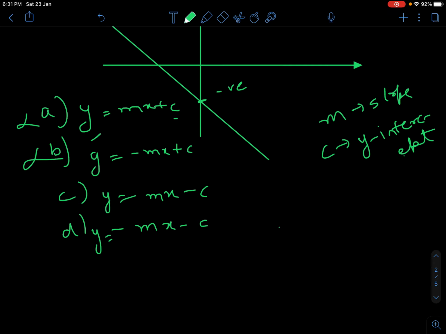If you put y equals 0, then x becomes positive, so this is also wrong. And when we talk about the d equation, if we put y equals 0, then x becomes negative, and if we put x equals 0, then y becomes negative. So the correct answer is y equals minus mx minus c. The graph satisfies this equation.